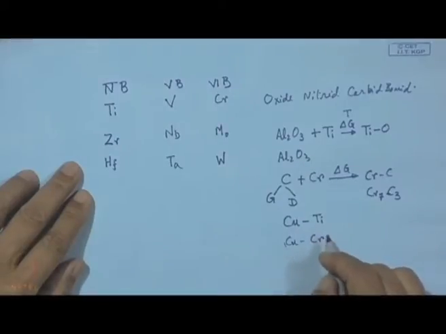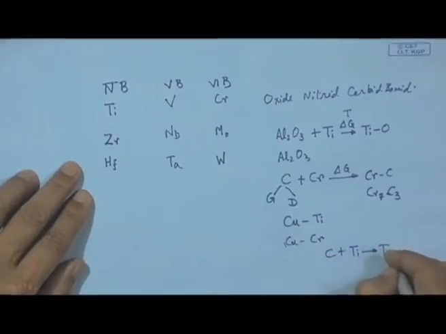Or if it is titanium with copper, we look at whether we get carbon plus titanium giving titanium carbide, but it should be hypostoichiometric, rich in titanium, in order that copper can also wet this surface.